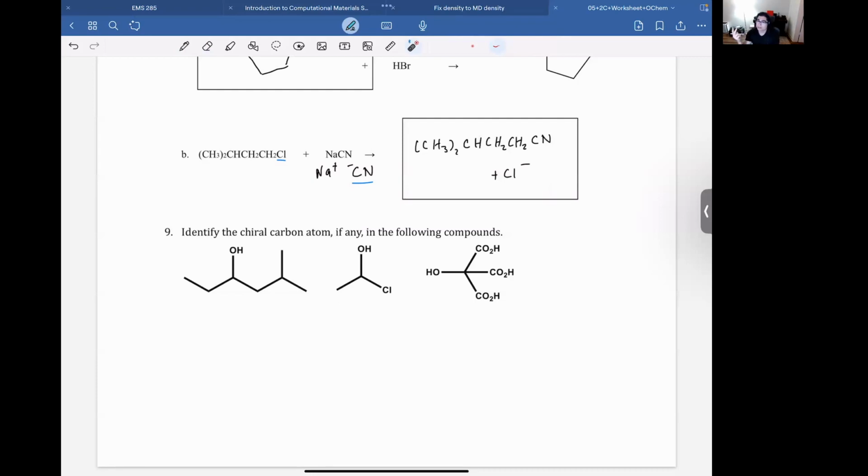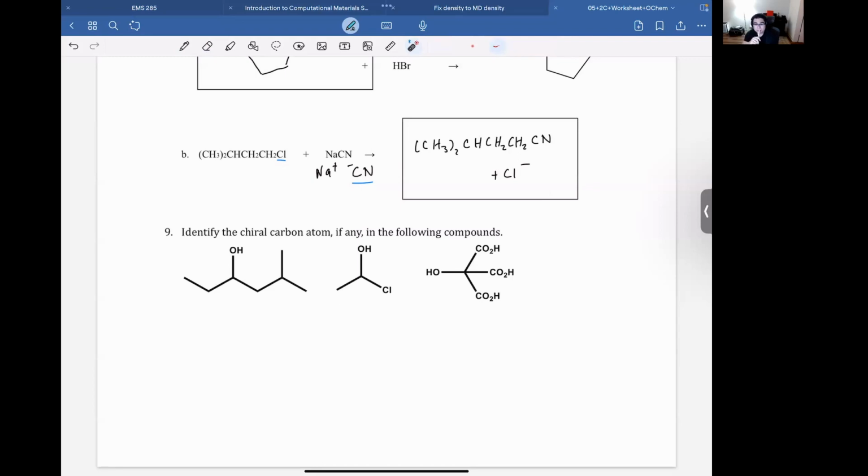But it will invert the stereocenter. So typically, if it's R, it turns into S. You can just read it like that. If you have wedges and dashes, let's say the chlorine was on a dash, you would put the CN on a wedge, and that's another way to invert it. That's the physical inversion of it. Then you can figure out whether it's R or S.